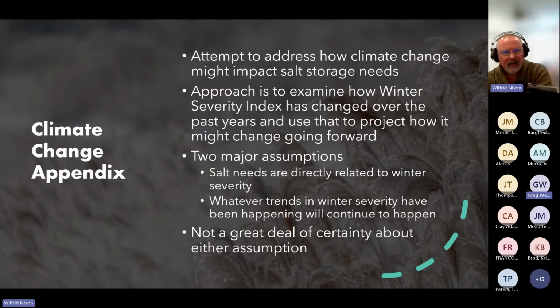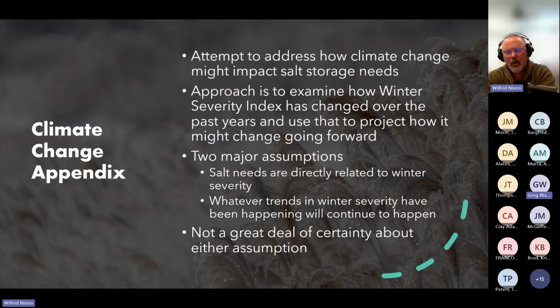The approach is basically to look at the winter severity index for that location and examine how it's changed over past years, and use that change to project how it might change going forward. You need to understand 2 major assumptions about this. The first is that salt needs are directly related to winter severity.